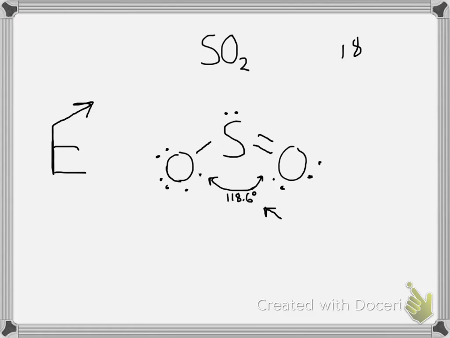So if we look at the bonds that we have here, and knowing that oxygen has a slightly higher electronegativity, we could say that the electrons in these shared bonds would want to spend a tad bit more time around oxygen. So this means that overall, there's not very much polarity in the bonds between sulfur and oxygen.